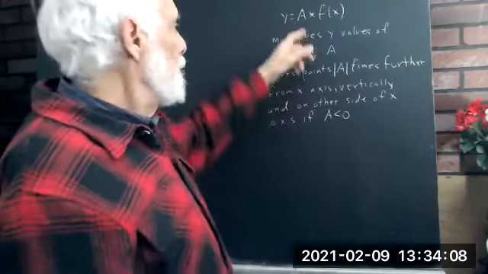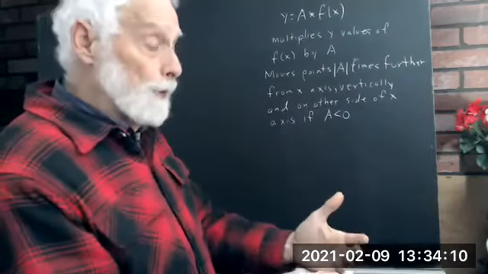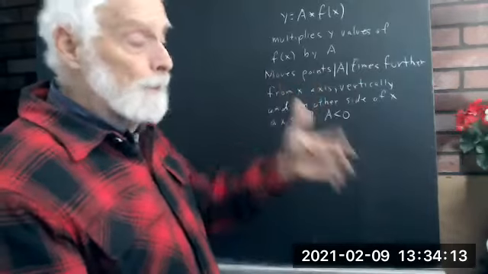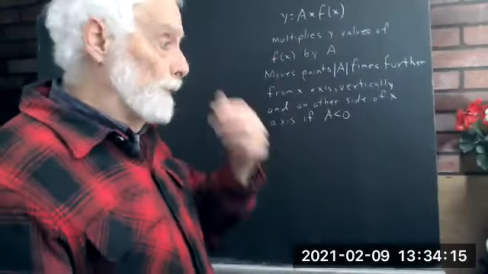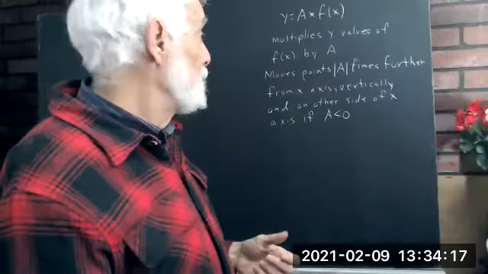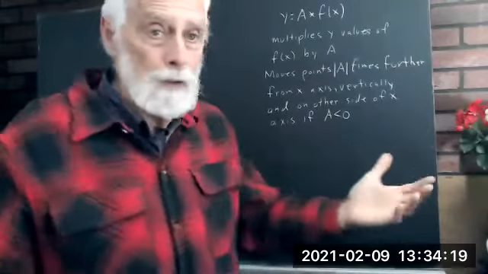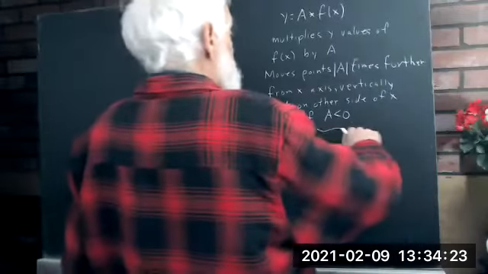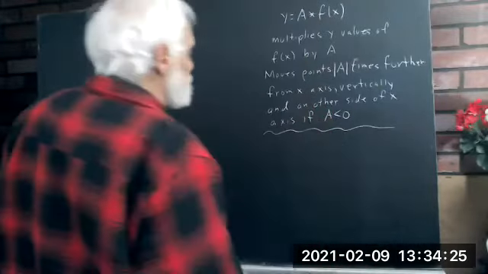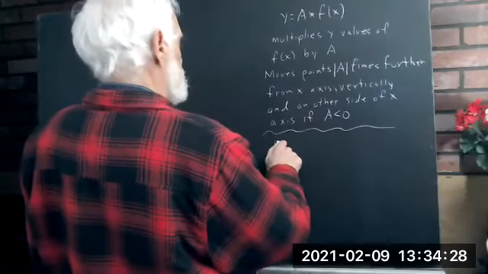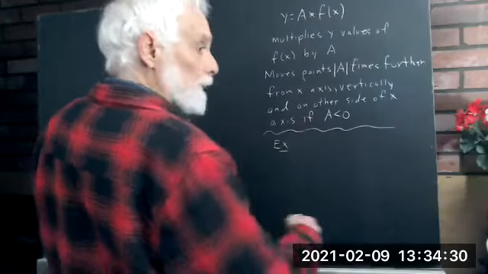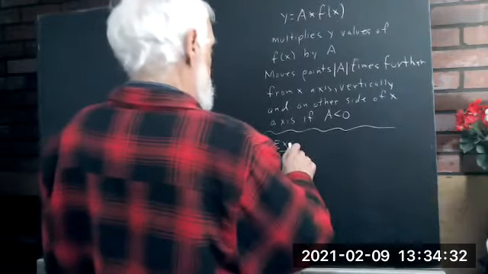Okay, if a is -3, then it moves the points 3 times further, but it also then moves them on the other side of the x-axis. And you've seen that transformation in the homework, the written assignments. Let's use our good old x squared function.